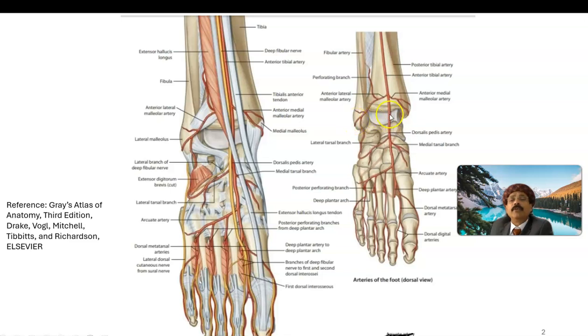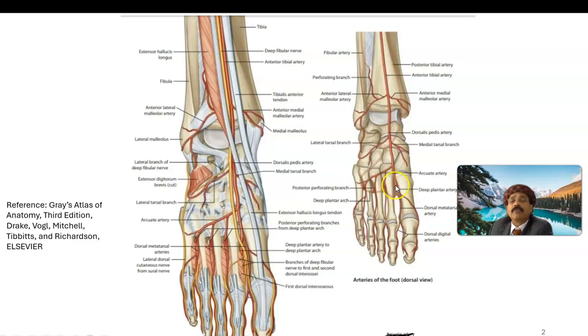Once it gets between the lateral malleolus and medial malleolus, it gives branches like the medial tarsal branch, lateral tarsal branch, arcuate branch, and also the dorsal metatarsal artery and dorsal digital artery here, and from the arcuate we will get other dorsal digital branches and metatarsal branches.